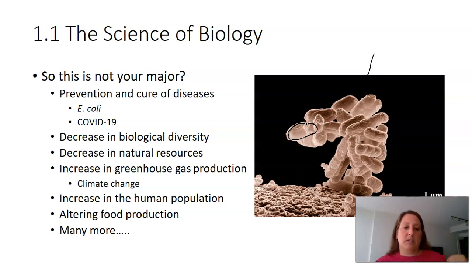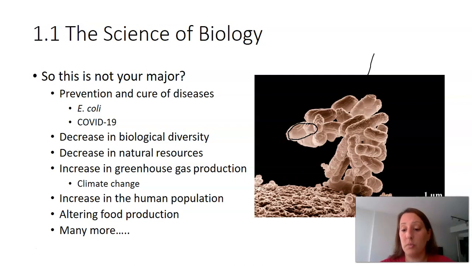Okay, so we'll get away from viruses and from bacteria for now. Why else should you care? Why else do you need to be biologically informed? On the planet, there has been and there is still a huge decrease in biological diversity. Humans are creating the fastest ever species loss that the planet has ever seen.